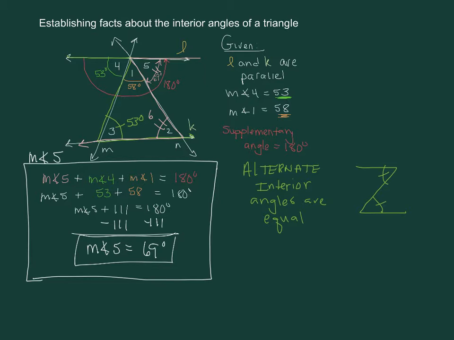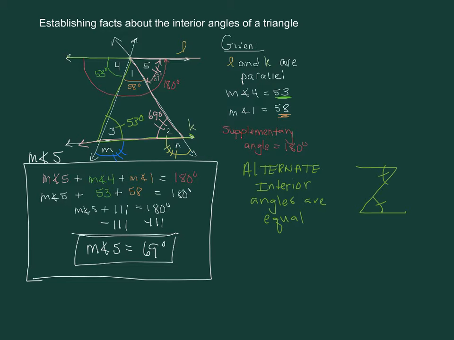So this is 69 degrees. So you can see I'm starting to fill in this triangle, right? Finally, last but not least, what we need to recognize is angle M right here, and we need to recognize angle N right here.